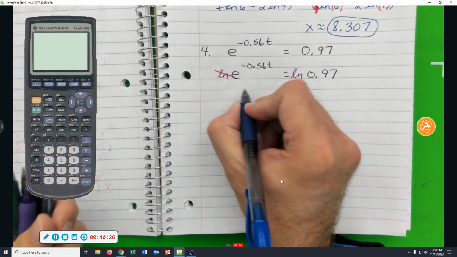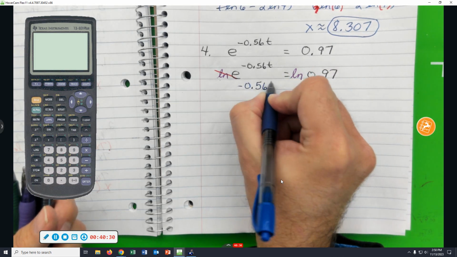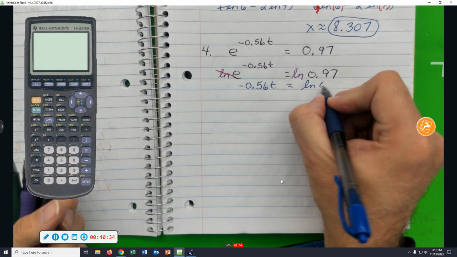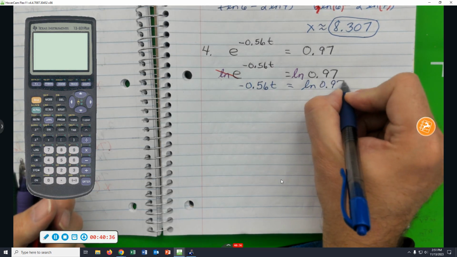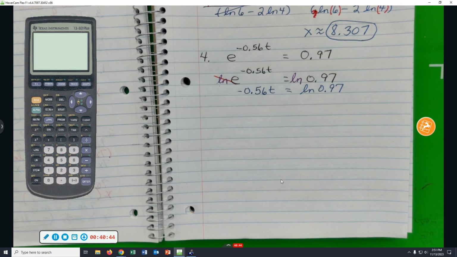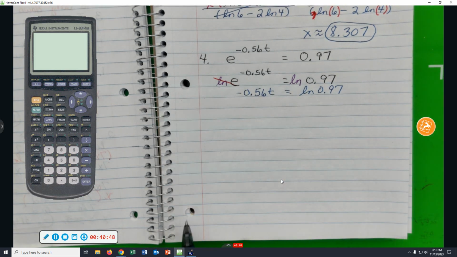All that's left is negative 0.56t equals ln 0.97. There's only one t, so since there's not two t's, you don't have to do any of that moving around and factoring.